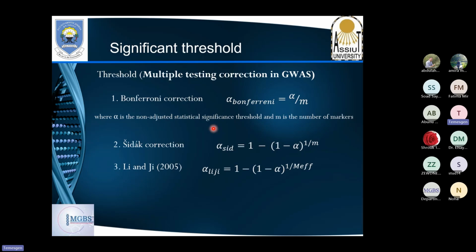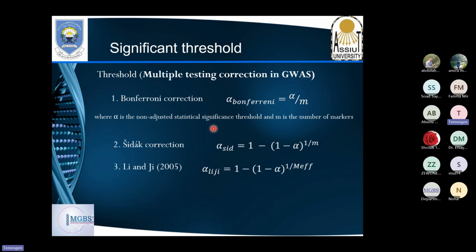The formula divides the p-value, either 0.01 or 0.05, by the total number of markers. This threshold is very strict, so it is very difficult to identify alleles for climate adaptation, because, as we will see later, adaptive alleles are controlled by many genes with very small contributions, so such a threshold may not identify them.